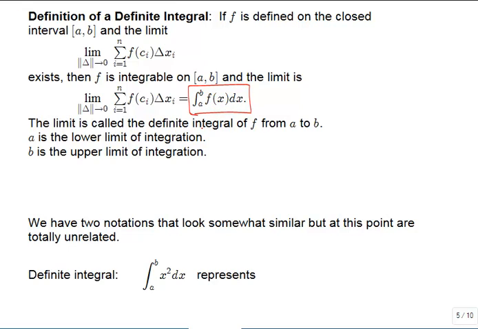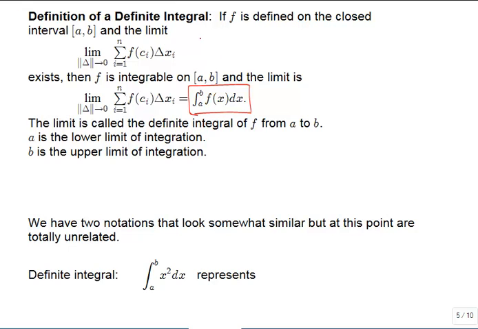So this is called the definite integral of f from a to b. It looks just like an indefinite integral, except now there are bounds. A is called the lower limit of integration, and b is called the upper limit of integration.